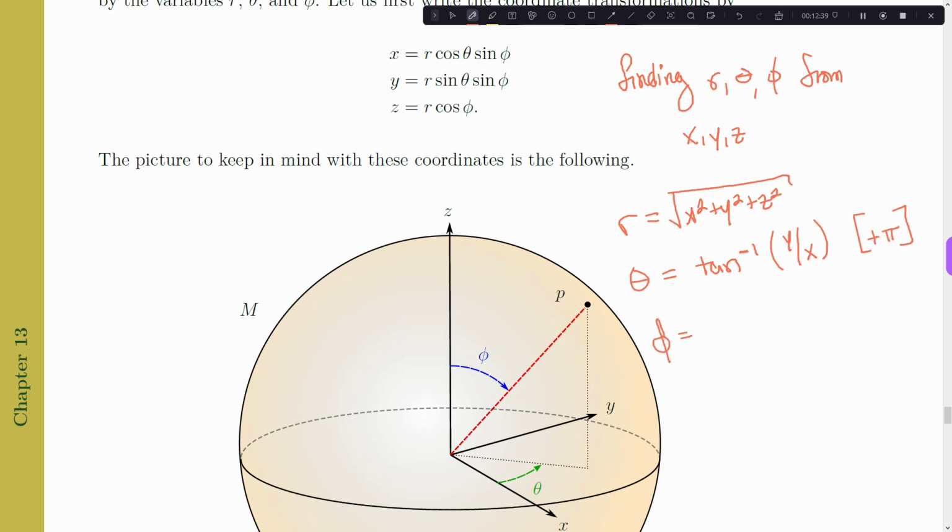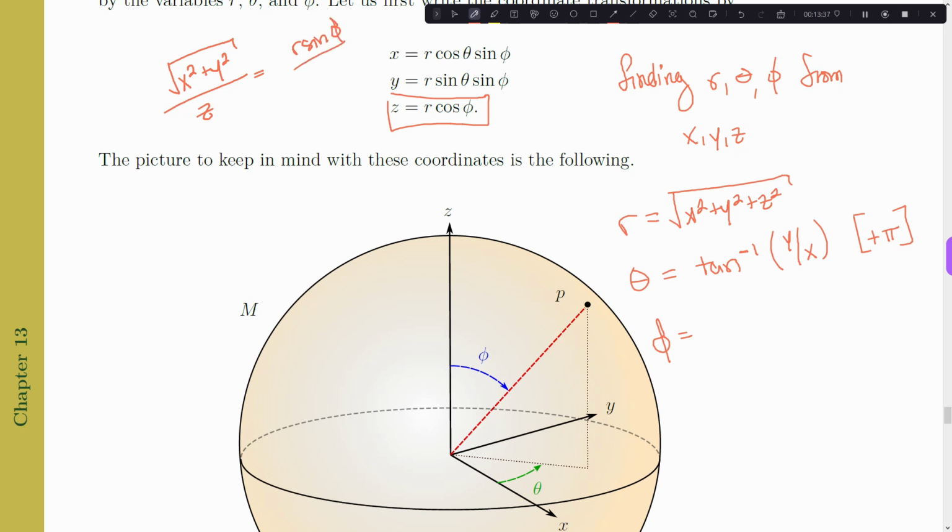But if we look at root x squared plus y squared over z, we'll end up with an r sine phi in the numerator and r cosine phi in the denominator, and so we'll recover tangent of phi. And so actually we can find phi with an arctangent as well. Arctangent, a little bit tricky, of root x squared plus y squared over z. And then this, similarly with your calculator, may need to be added with pi. So that's how we would reverse the three of them.